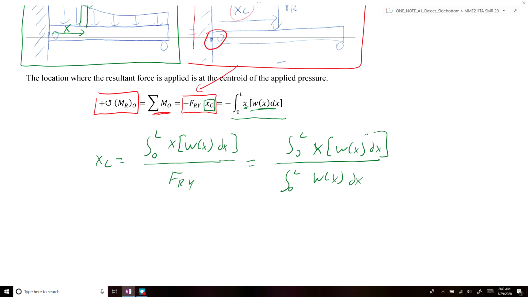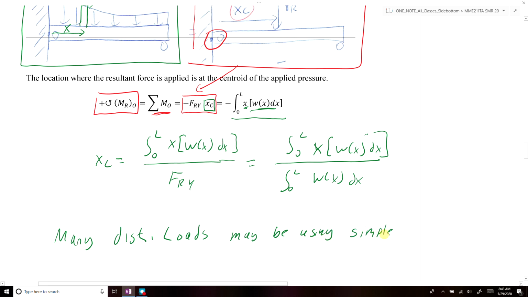I know we just defined these two integral equations, but often many distributed loads are defined using simple shapes.